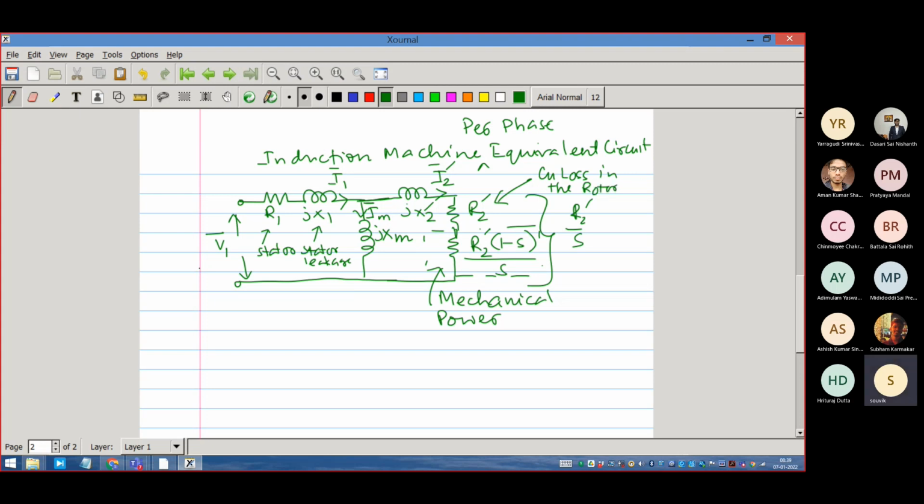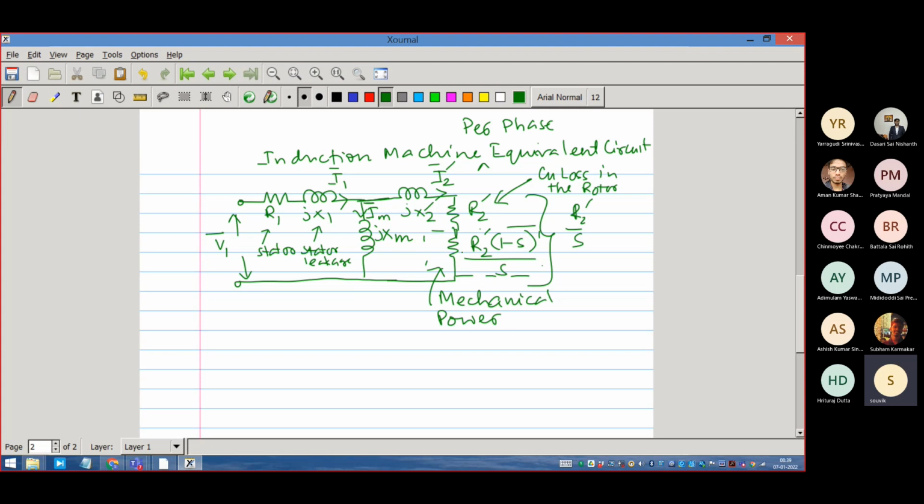This electrical power is entering, and the mechanical power's electrical representation is given by this resistance. Whenever there is a loss in an electrical system, we have to put a resistance in the model. We cannot put an inductor, we cannot put a capacitor. We therefore have to model the loss in terms of one resistance, and that is what we have done.